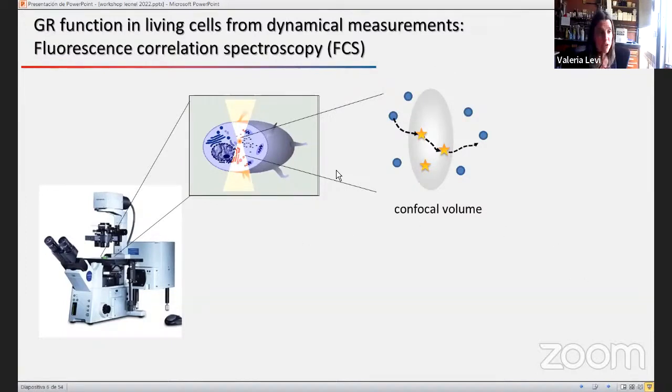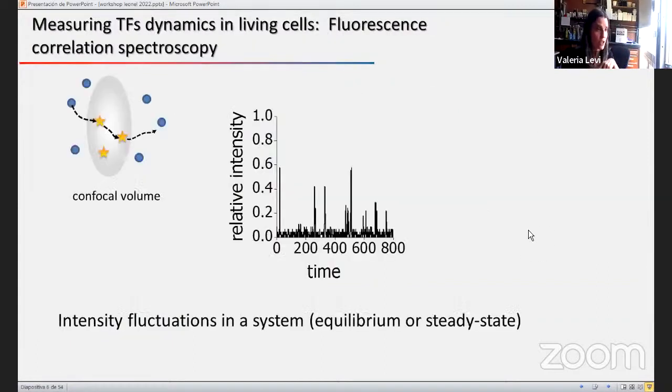Every time a fluorescent molecule comes in and out of this observation volume, it will be in the dark state, and whenever it comes in, it will start to fluoresce until moving out. So if you collect intensity as a function of time with a time scale in microseconds, what you are going to detect are fluctuations due to these molecules that move in and out of the confocal volume.